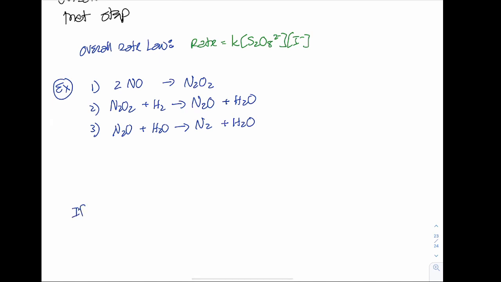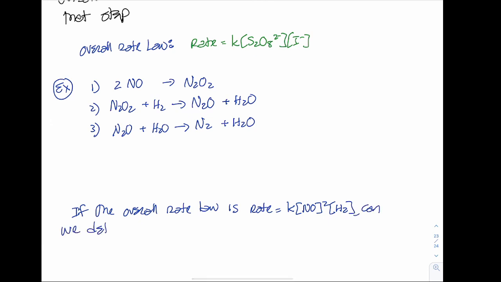So if the overall rate law is K times the concentration of NO raised to the second power times the concentration of hydrogen, can we determine which step is the rate determining step?